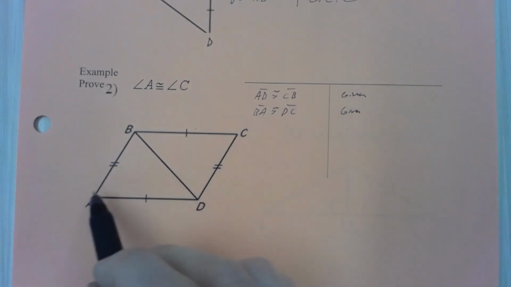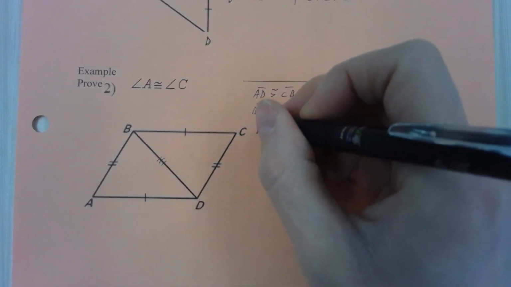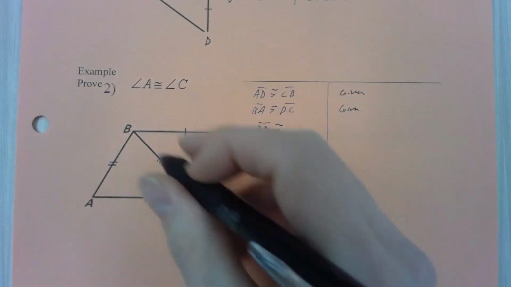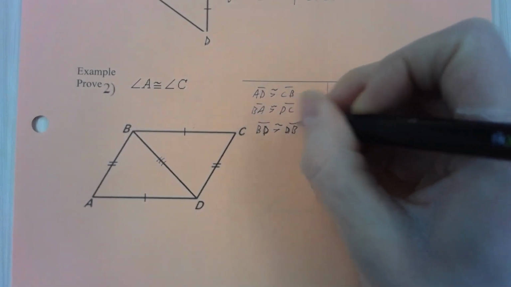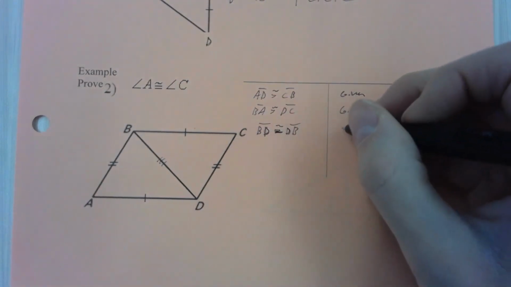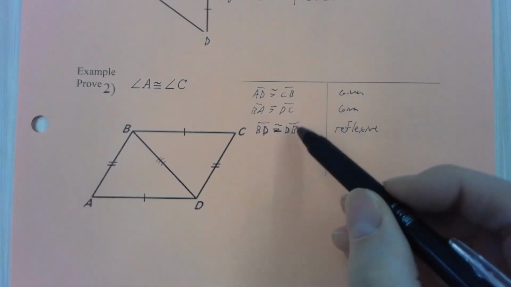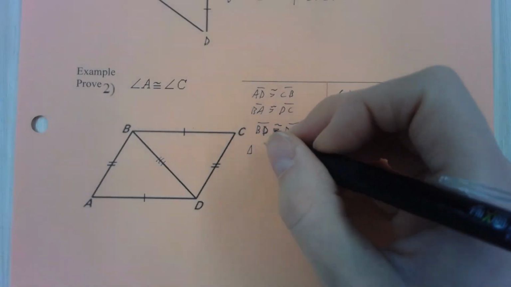And then the last thing we can say here is they share this side, BD would be congruent to itself. BD is congruent to, and B does correspond with D, so we're going to switch the order here, DB. BD is congruent to DB by the reflexive property. And now we've stated 3 pairs of sides that are congruent, and we can say the triangles are congruent.